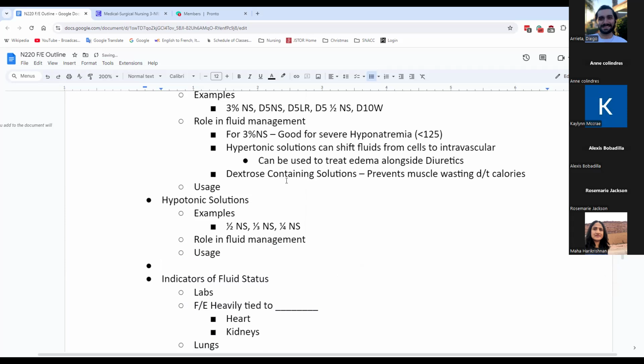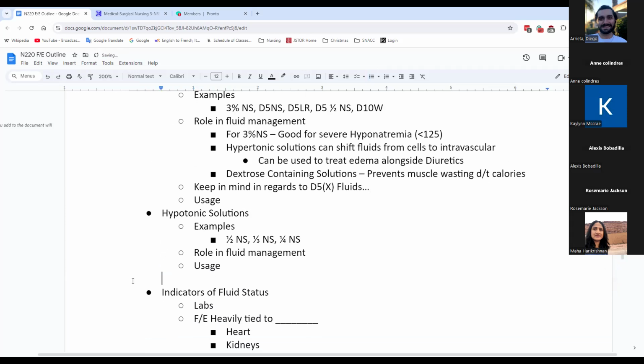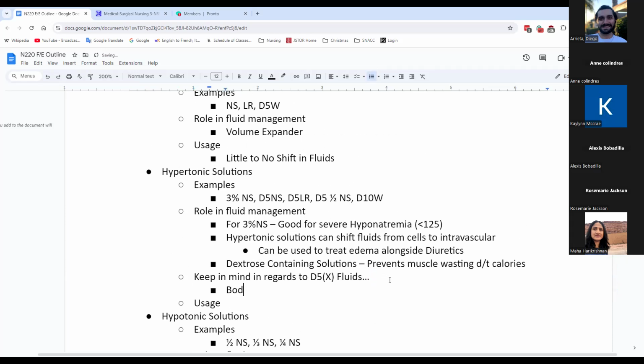Okay. And in general, from here we'll talk about, I probably should have had this here. In fact, this makes more sense here. Remember that for the ones that are D5, you mentioned this already, the body metabolizes the D5 and you're left with whatever is left. While that fluid is infusing, your body is constantly breaking down the sugars and being left over with the half an S, for example.